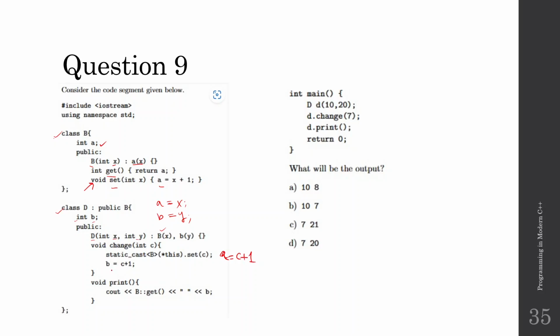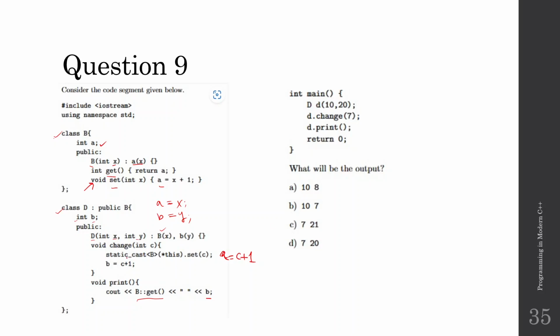Next we do b equal to c plus 1. Then in the print function we call B::get, and we also print the value of small b. For now just ignore this casting, then we will see what happens with the casting.